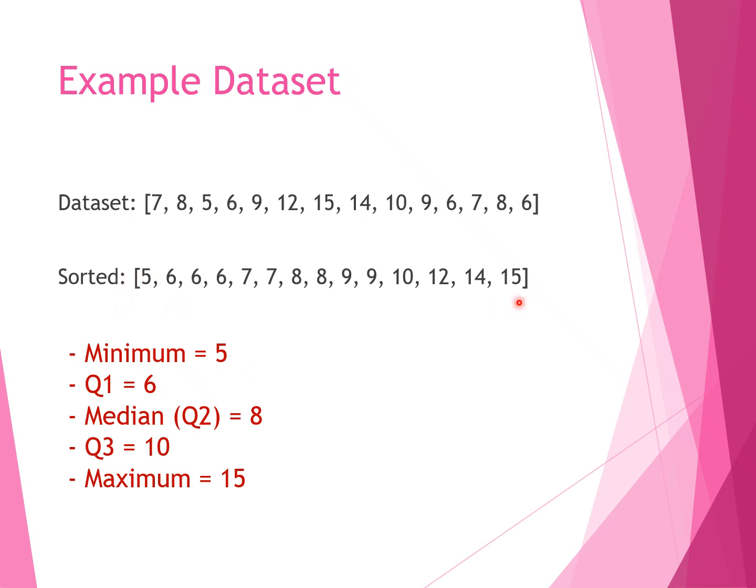Here we have 16 elements, so the middle two elements are 8 and 8. We take the average of these two values, and the median or Q2 is equal to 8. The minimum value here is 5 and the maximum value here is 15.